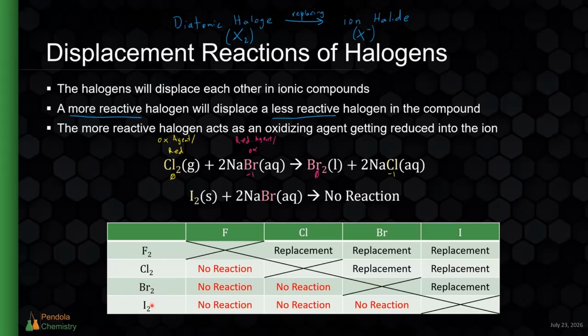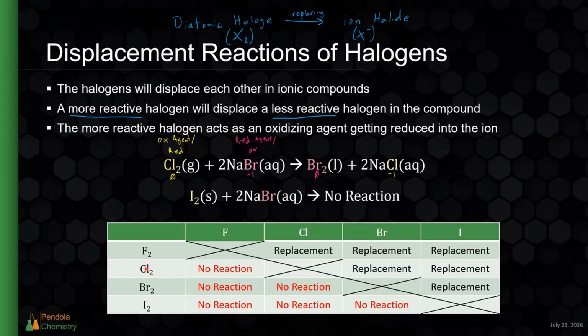Because they get less reactive, and because a more reactive halogen has to displace a less reactive one, halogens can only replace those below them. So fluorine can replace any of them, meaning that F2 can replace chlorine, bromine, or iodine in an ionic compound.